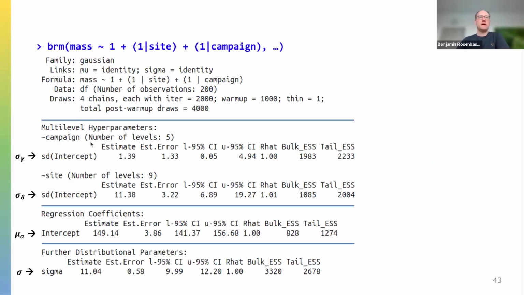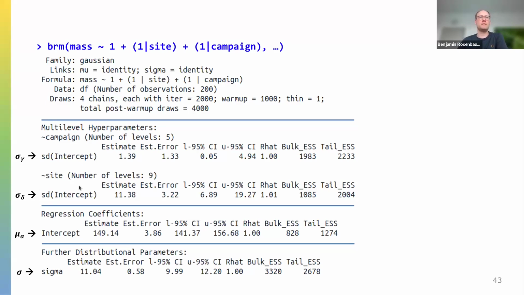If you fit this model, again, the output here is very similar. Here you just get two different values for the campaign level deviations and also the site level deviations. And you can read the importance from the estimate here, right?